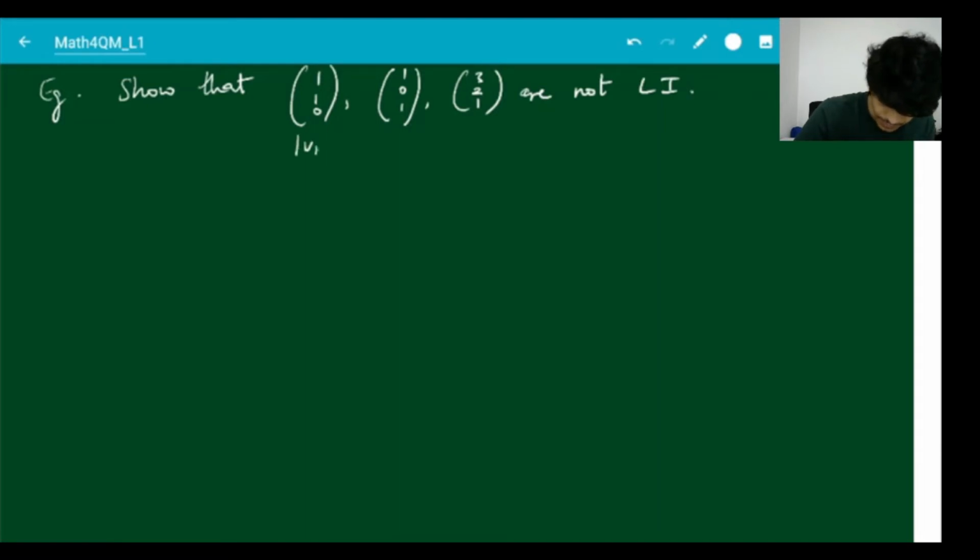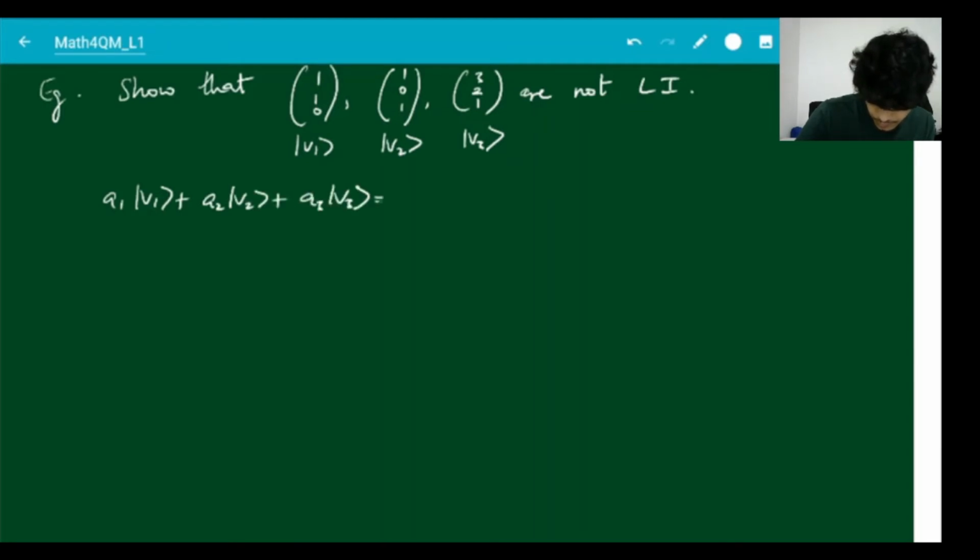So this is like your v1, this is v2, this is v3. So you set up an equation like this: a1 v1 plus a2 v2 plus a3 v3 is 0, and you solve for a1, a2, a3. If you find that this equation requires a1, a2, a3 all of them to be 0, then the set is LI. If you get some non-zero values of a1, a2, a3, then the set is not LI.